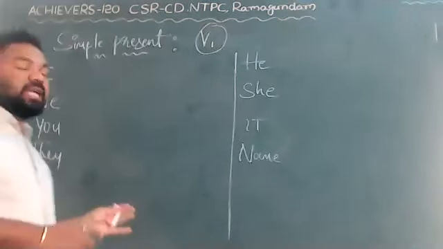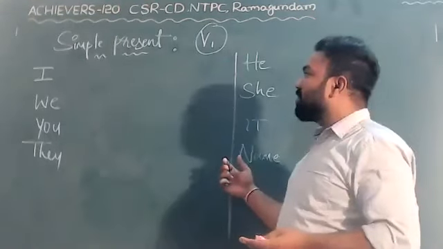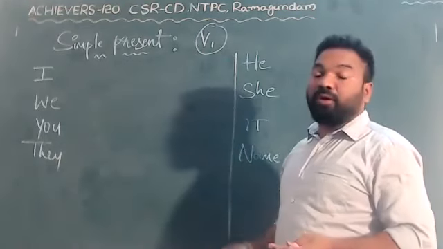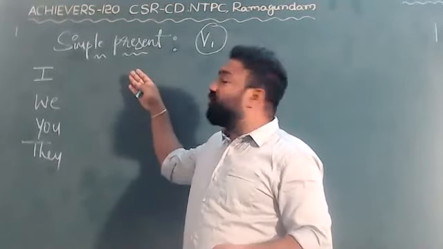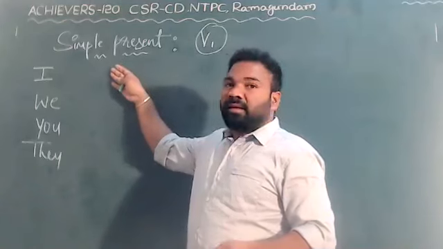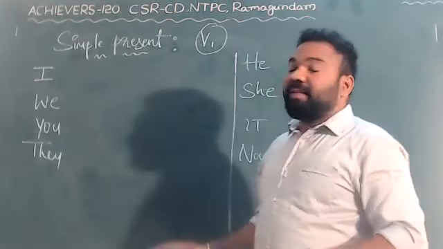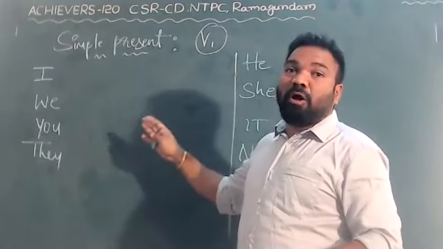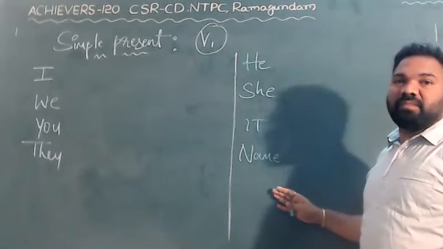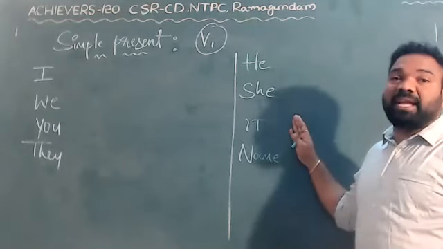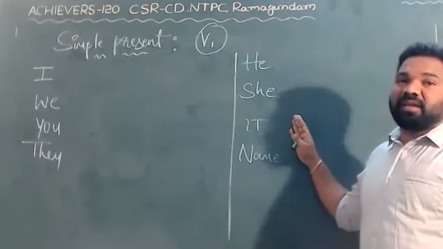Why have I made this segregation here? Students, you have to understand that we have particular rules to be followed by I, we, you, they, and the same rules are not applicable for he, she, it, they. The rules are different in making a sentence, as we have discussed earlier.